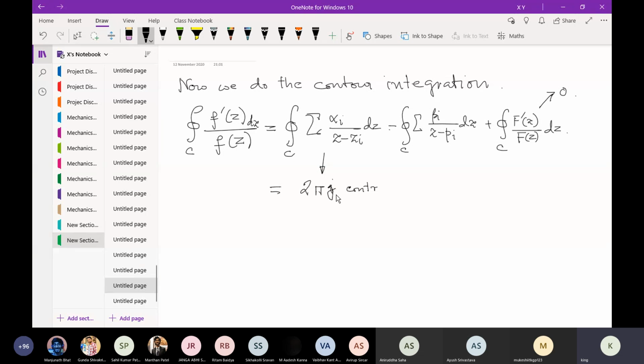I am writing a j here to avoid confusion, that j is equal to root over minus 1.